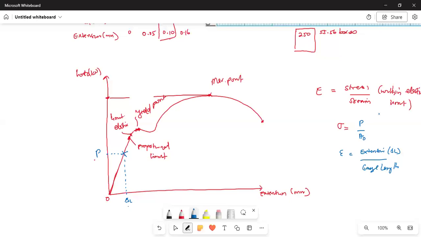After finding these two, put them back into this formula to evaluate your E. I said pick a value within the straight line portion, anywhere. That's what I expect you to do. My time is against me, seriously.